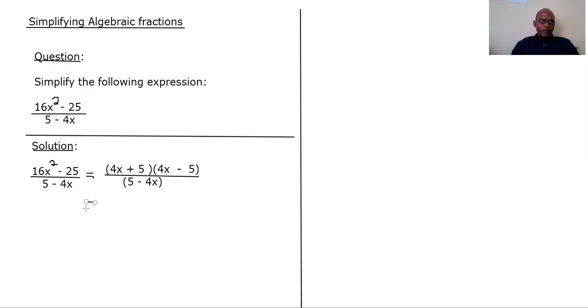Now, I'm factorizing negative so that my denominator will be exactly the same as the second factor in the numerator. So take out negative.